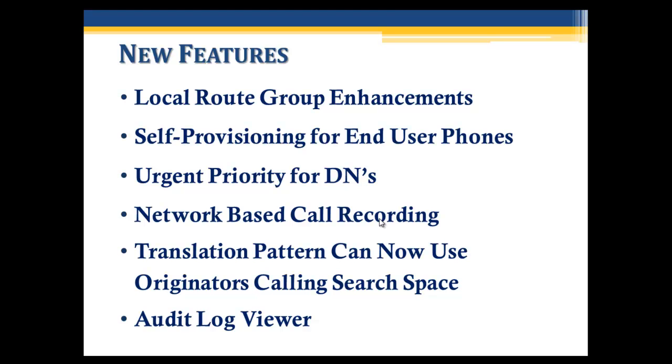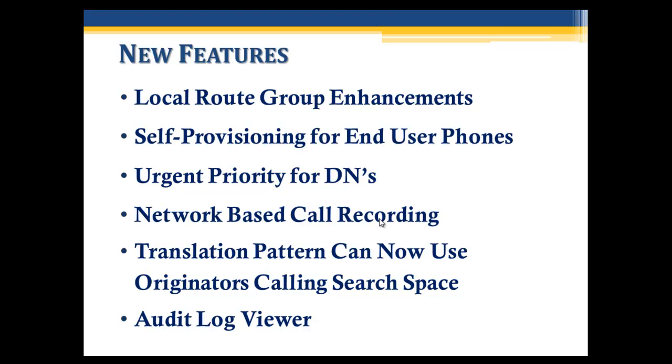In this example, the source is the gateway. Call comes in, and the gateway would need permission to send it to a translation pattern. The translation pattern could take the 10-digit number, which is what the initial caller dialed. The translation pattern will then trim that down to 4 digits, which is what's being used on the internal extension.